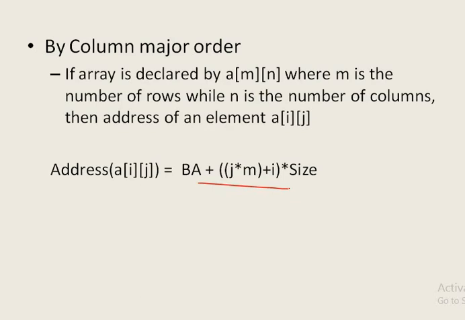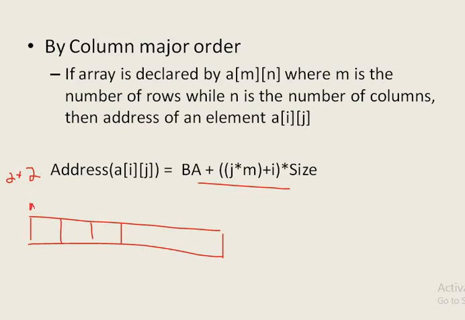If you are taking the same example as before, let us say it is stored in the column major order. So if you are taking a smaller array, let us take a 2 by 2 matrix here. That is the total number of elements in the array will be 4.